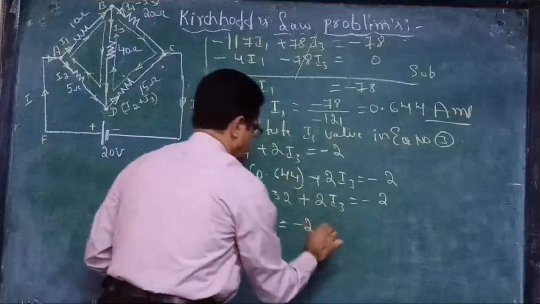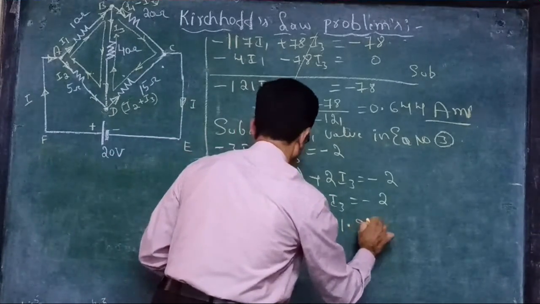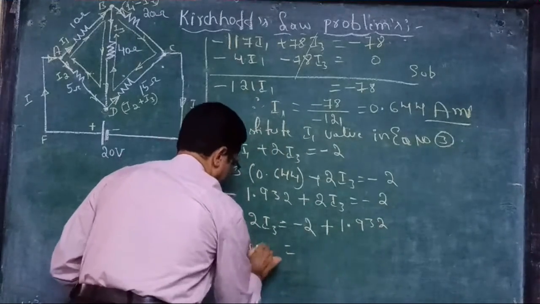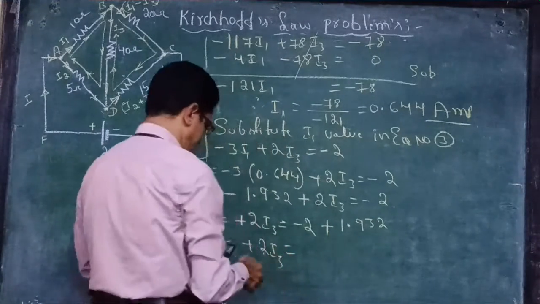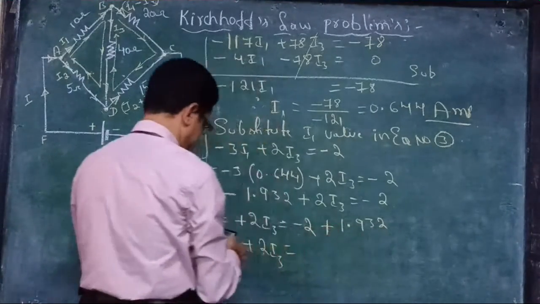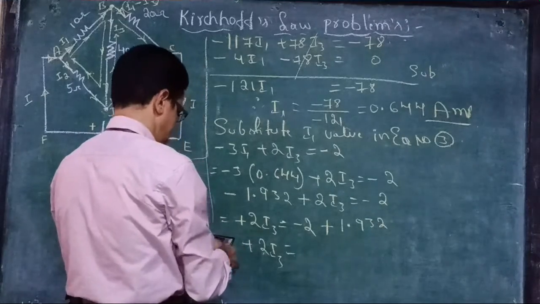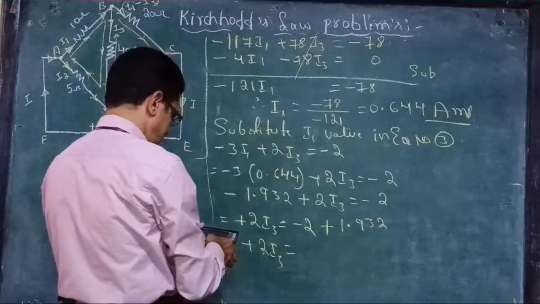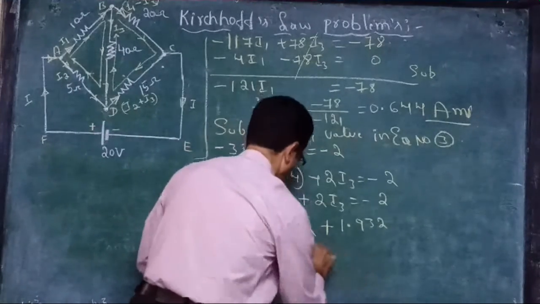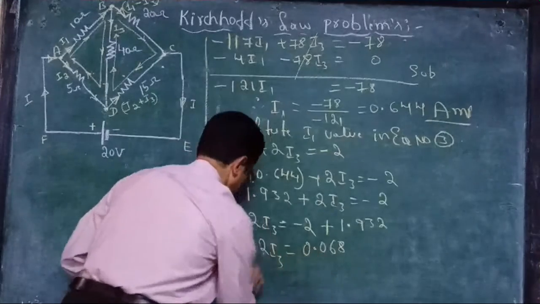So this sign will be plus. So then 1.932, plus 2 I3. So this should be subtract. 2 minus 1.932 is equal to 0.068.